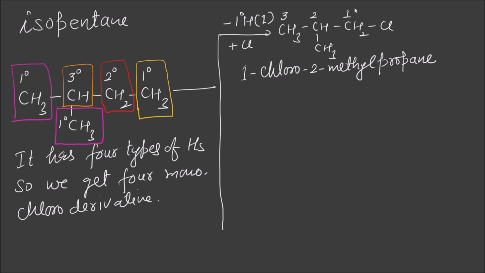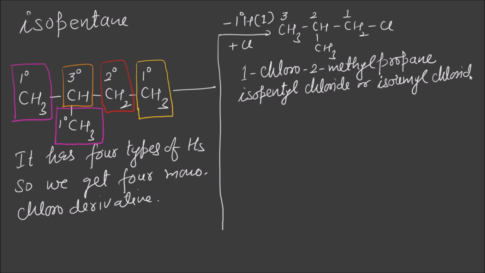So there is 1 carbon which is not getting numbering, attached to carbon atom 2, and that is CH3, so it is methyl. So it is called isopentyl chloride.